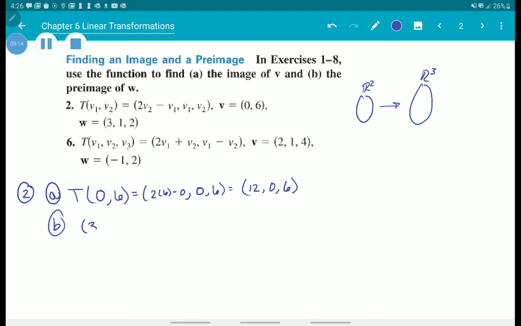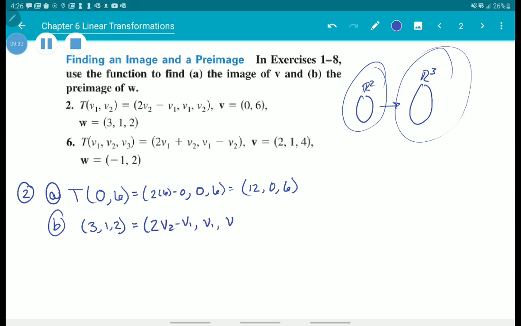So our vector 3, 1, 2, okay, that's where we went to. We're asking, where did we start from? It has to follow this rule. So 2V2 minus V1, V1, and then V2. So this is going to give us a system of equations that we're going to be able to solve.